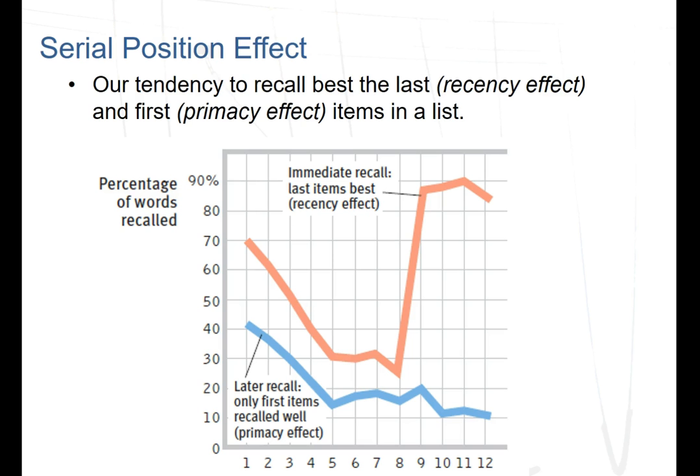So another thing is called the serial position effect, and this occurs when we are exposed to a lot of information. Our tendency is to remember either the beginning of the list or the end of the list better than the middle of the list.